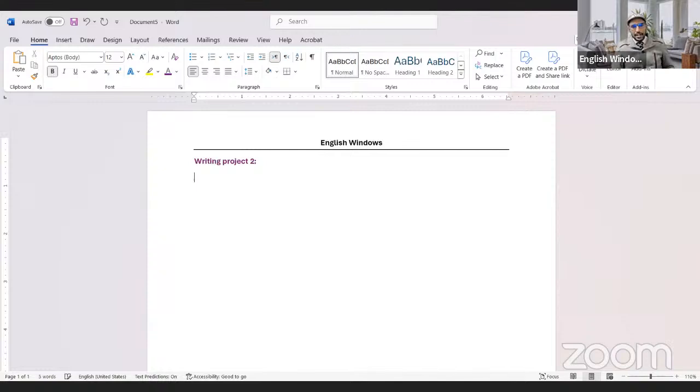Okay, so for our writing projects, we are going to choose a specific topic that we are going to discuss. Let's choose a topic, a specific title, and then we're going to make an outline again, and then we'll create a text zone and then start writing our first drafts at least.